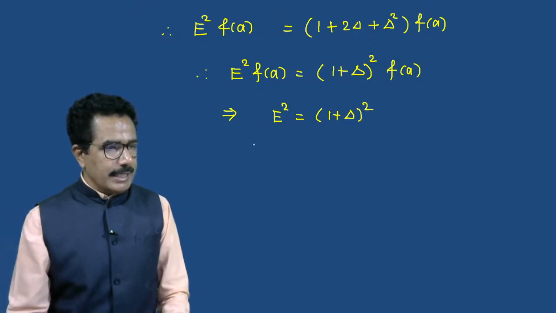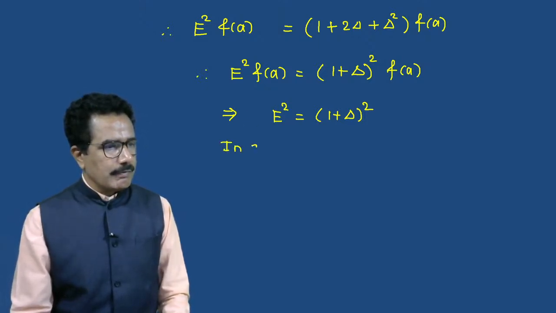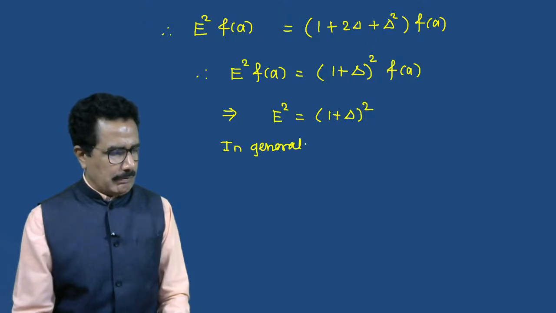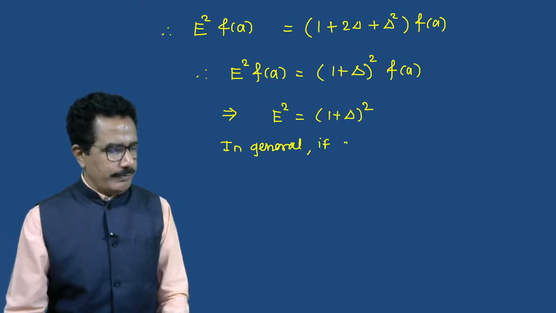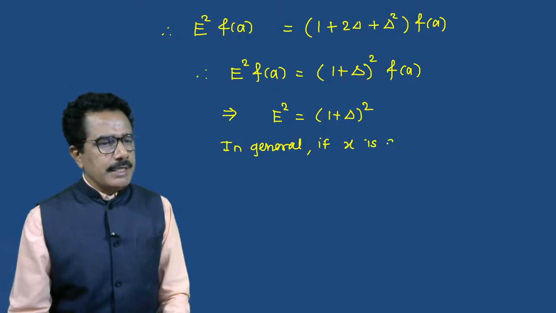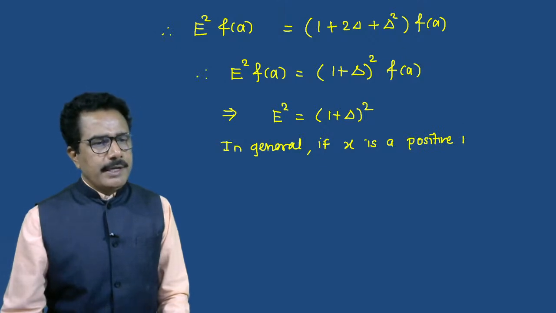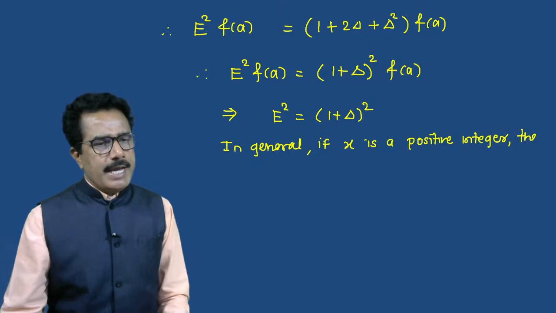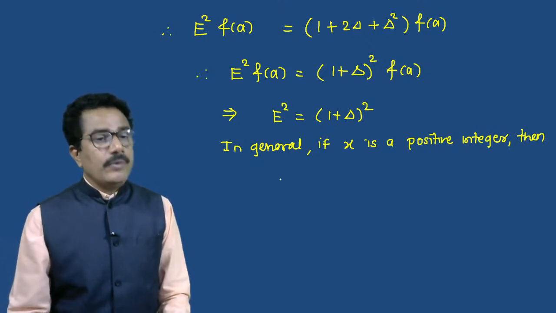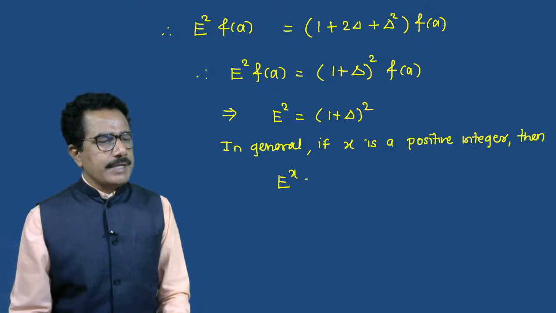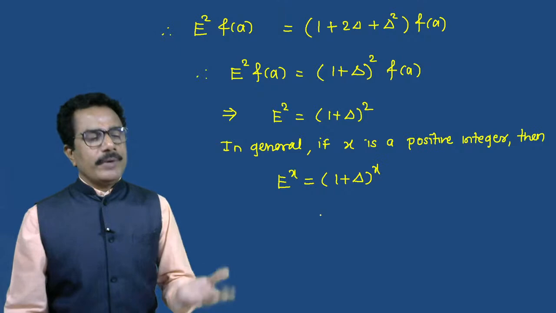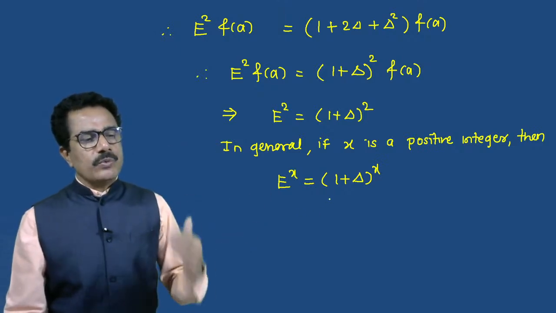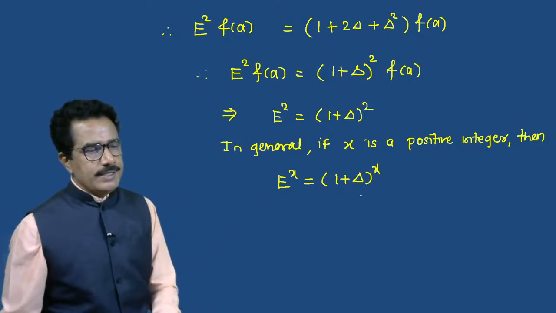So in general, if x is a positive integer, then we can write E raised to x is equal to (1 plus delta) raised to x, or we can write E raised to n is equal to (1 plus delta) raised to n, and hence proved.